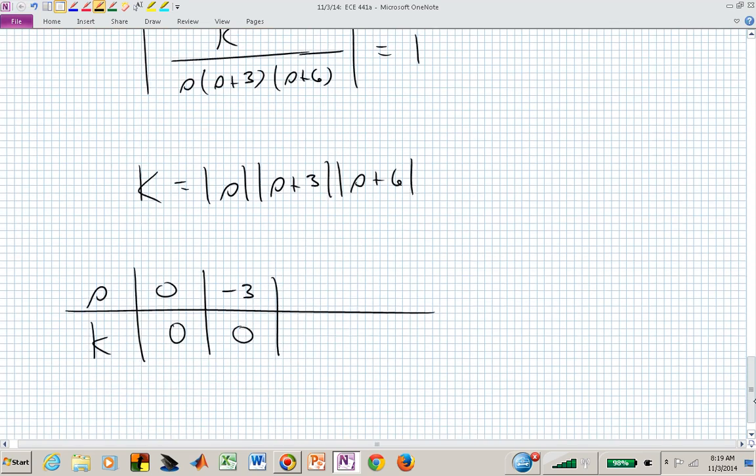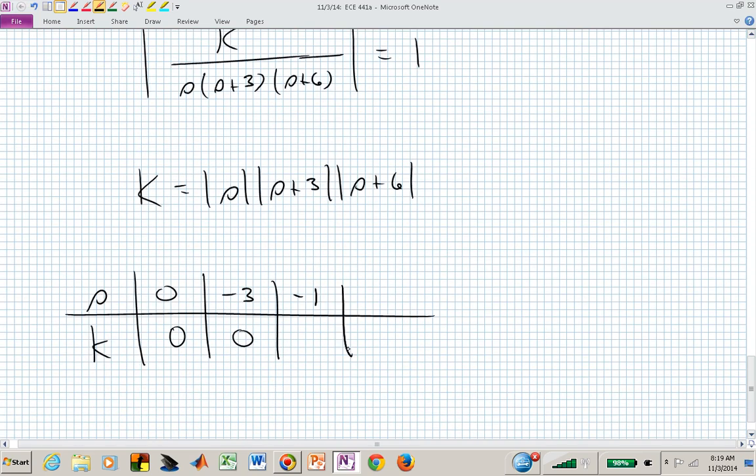What is the gain K at minus 1? Luckily, this isn't too hard to compute, is it? It's 10, isn't it? We have 1 times 2 times 5. What is it at minus 2? Now we have the absolute value of minus 2 is 2.